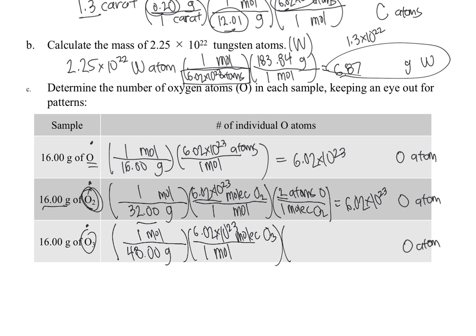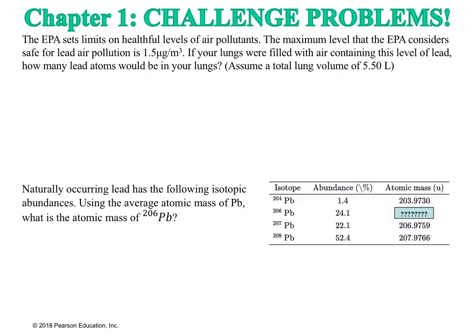And now to get from molecules of ozone, O3, there are 3 atoms of oxygen in there. So when we do that, it will also be 6.02 times 10 to the 23rd. So notice we start with the same mass, but we change the ratio from the atom to molecule. We would get the same amount of total atoms there.